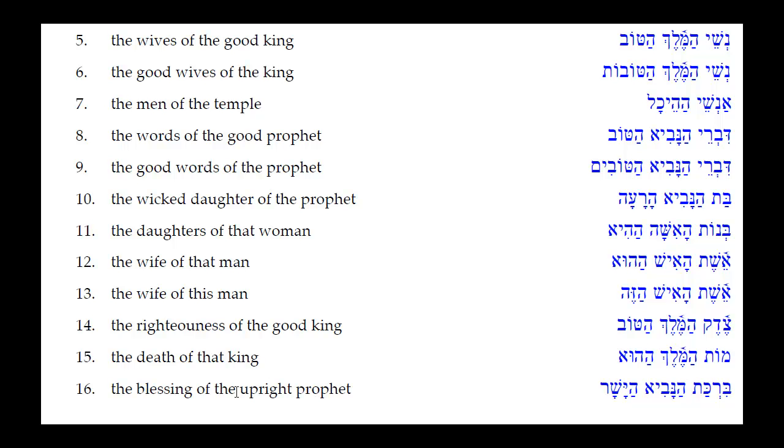And since we know it's going to be definite with the ha here, so blessing in the absolute is beracha, but in the construct, the hay drops out, the kamatz reduces to a patach, and then because you can't have two shevas, what was the kamatz under the resh here now reduces to a sheva, and you already had a sheva under the beracha, so that lengthens to a hirik here.